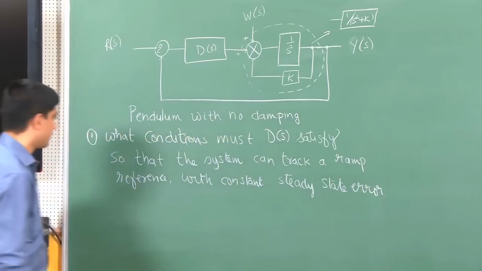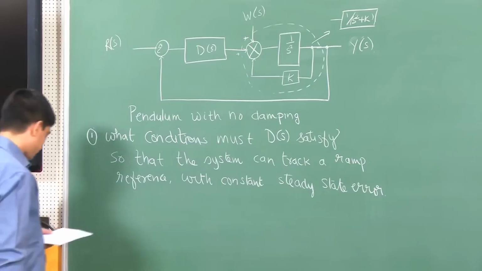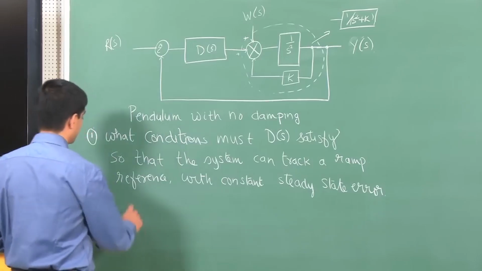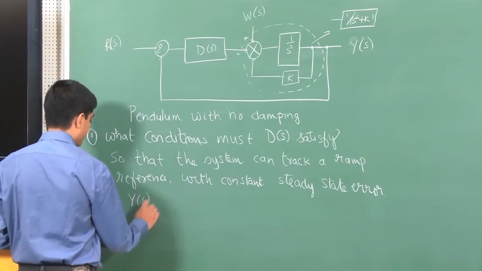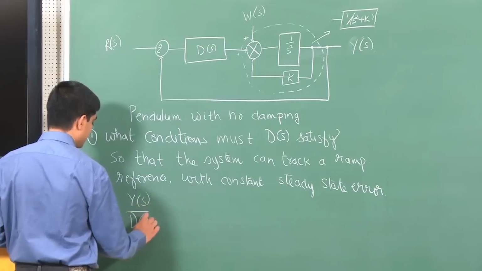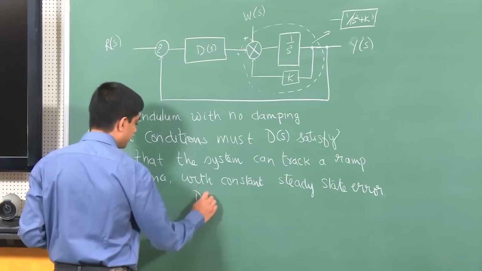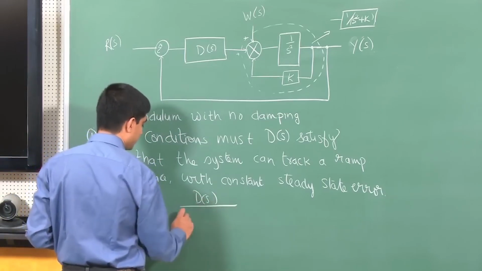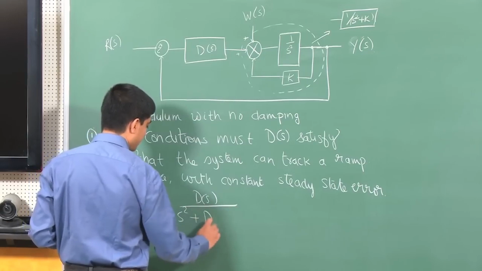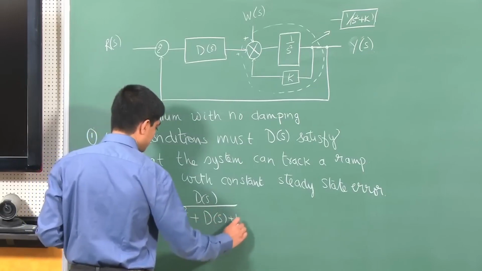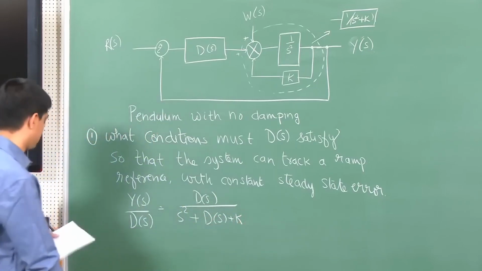Okay, so first thing we would like to do is to find the transfer function. I'll not spend time on this because we know how to do this now. So this would be D(s) over s square plus D(s) plus k.